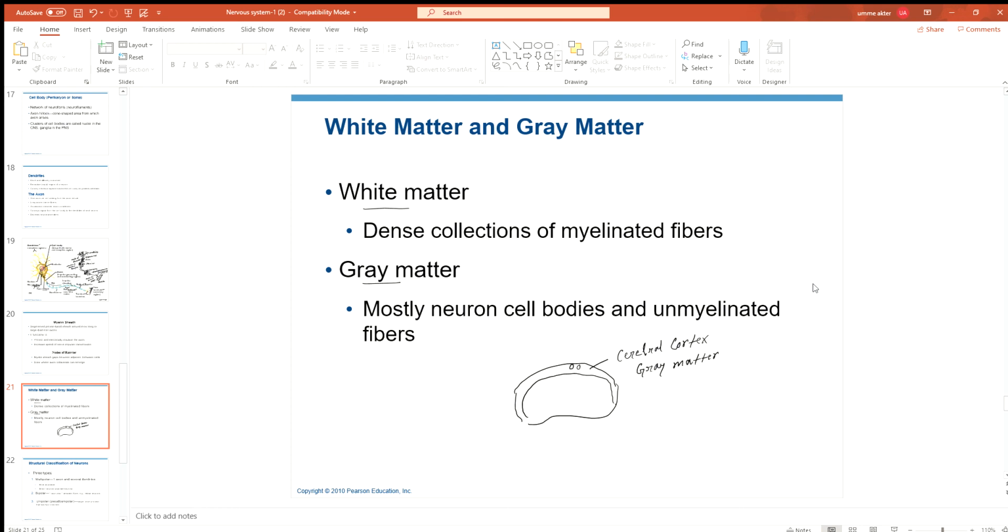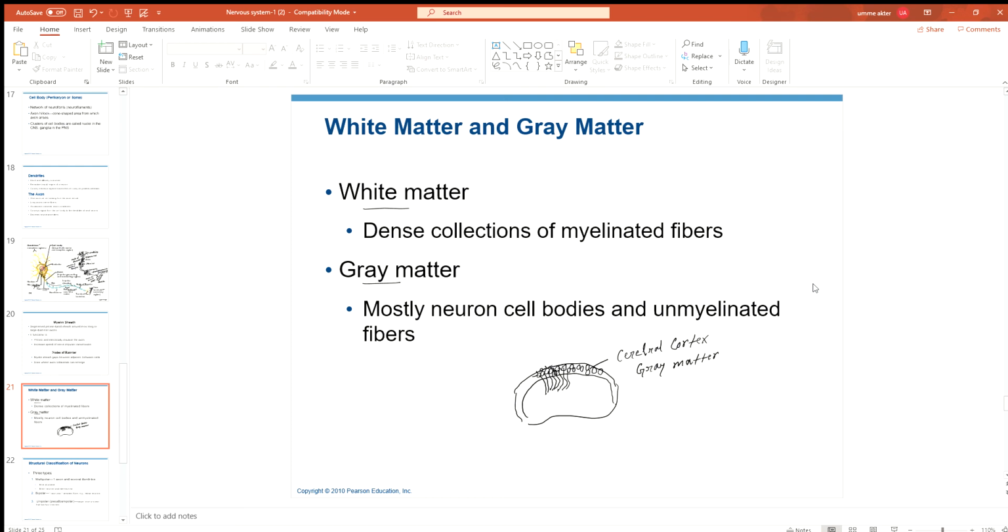If you look under the microscope, you see the cell bodies of many neurons, and from the cell body the dendrites, the short branching processes, and then the axons.